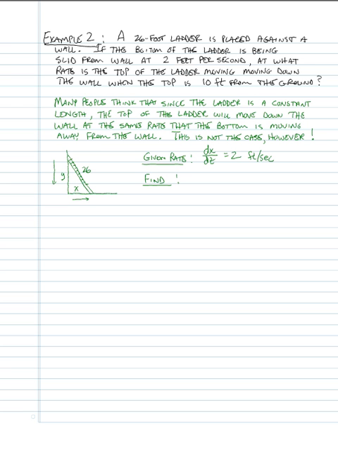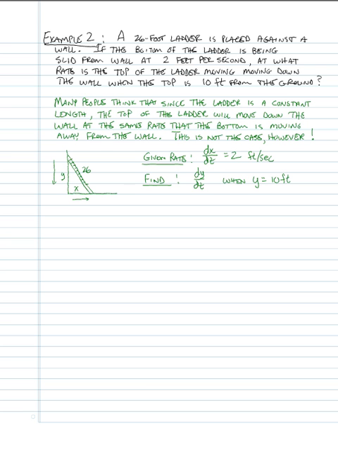Because y represents the distance from the top of the ladder to the ground. And so what we're asked to find is the derivative of y with respect to t. And specifically, and we'll use this later on, specifically when y has what value? Oh, when y is actually 10 feet, because we want to know the rate of change of y when y is 10 feet, or when the top of the ladder is 10 feet from the ground.